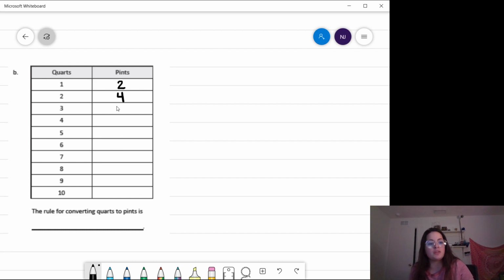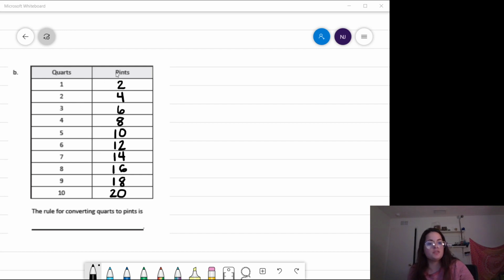So 3 quarts is equal to 6 pints, 4 quarts is equal to 8 pints, 5 quarts is equal to 10 pints, 6 quarts is equal to 12, 7 quarts is equal to 14, 8 quarts is equal to 16, 9 quarts is equal to 18, and 10 quarts is equal to 20 pints.